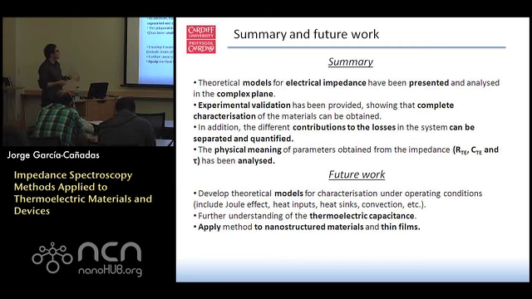And finally, I've explored a few physical meanings, especially for thermoelectric resistance, capacitance, and the time constant that come from the impedance analysis.